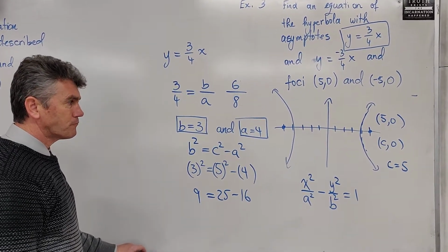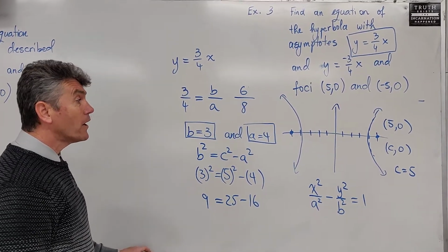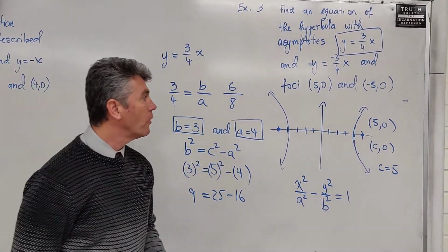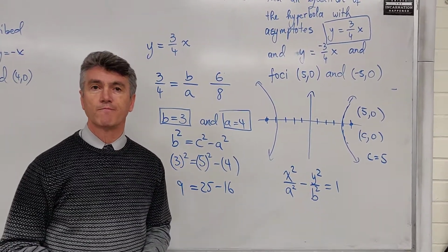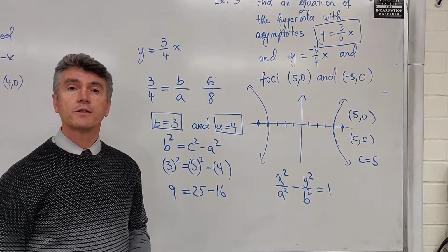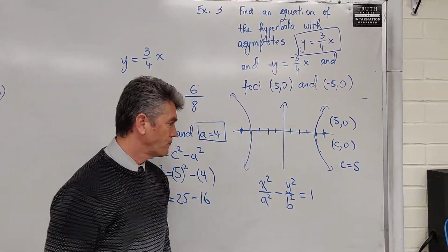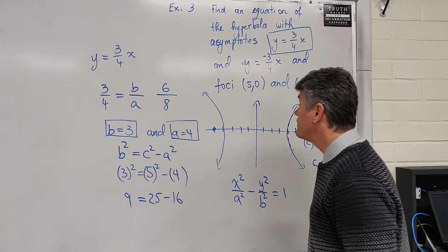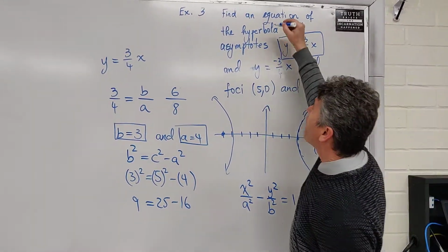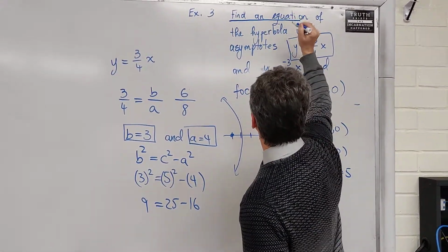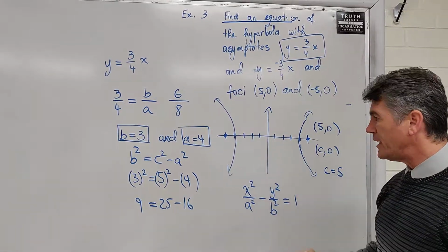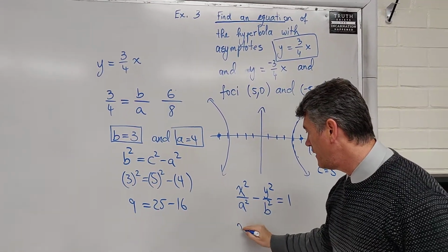We will see another example shortly where we don't get so lucky. What do we do then? Well, you'll see when I do that problem. Let's finish this one. What are we asked to do? Find an equation. I know my a, I know my b. I'm ready to find my equation.